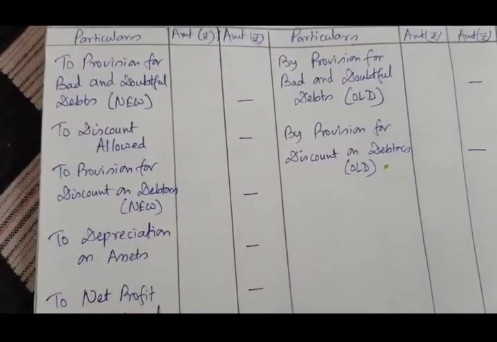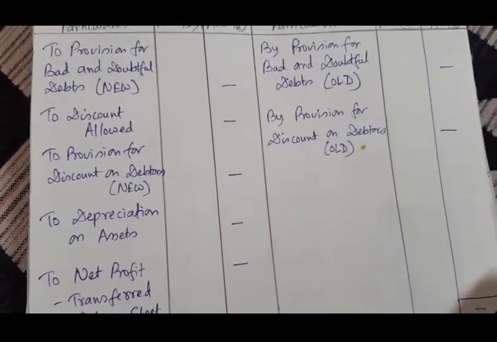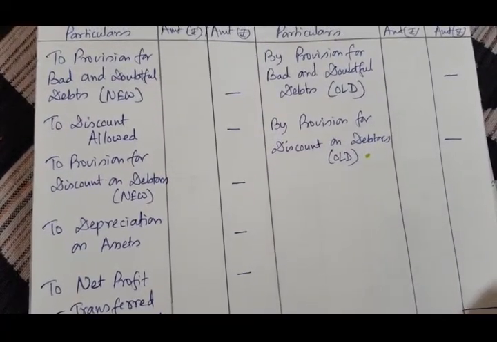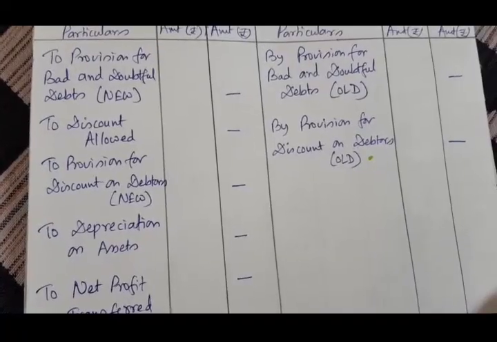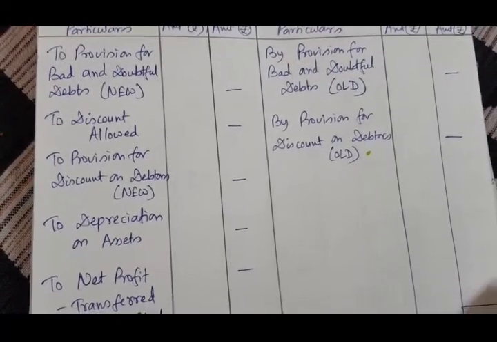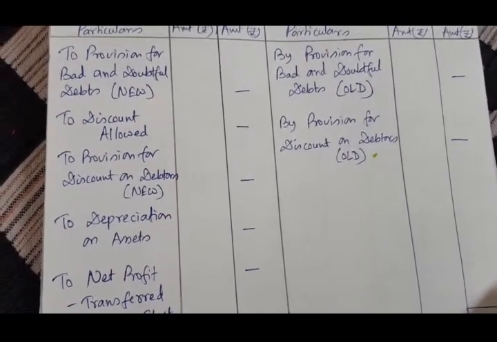Depreciation. The term depreciation is known to you, but what is depreciation? Depreciation is the reduction in the value of assets. See, we are using different types of assets in our business. Are those assets with us forever? Definitely not.